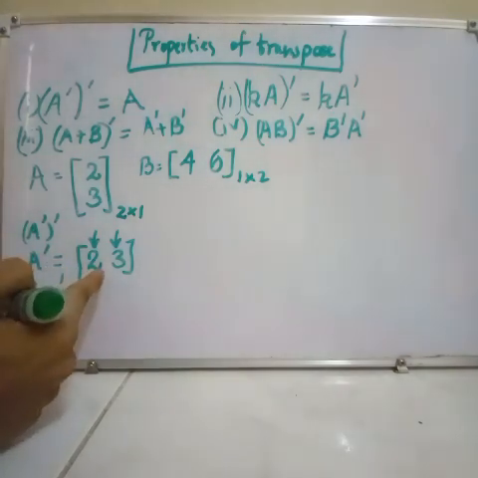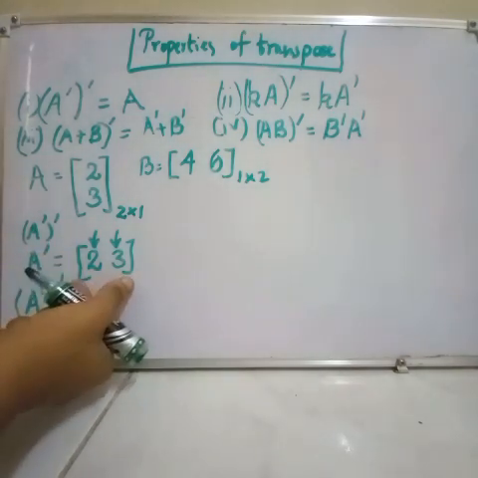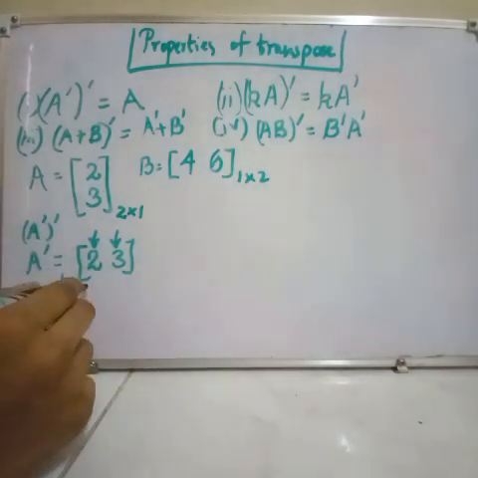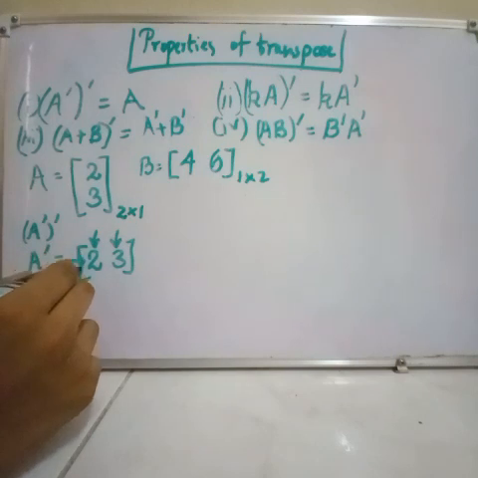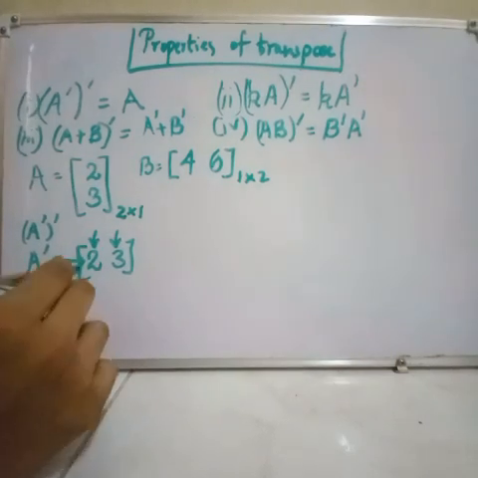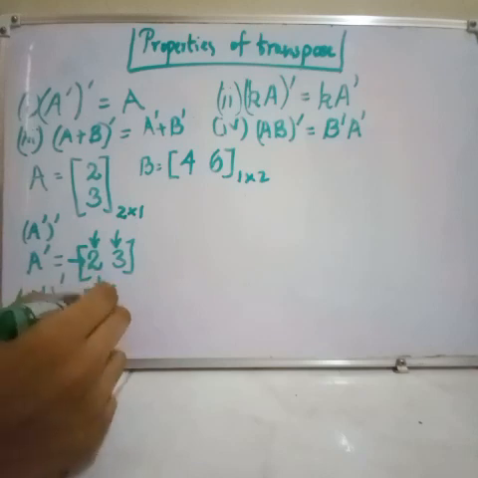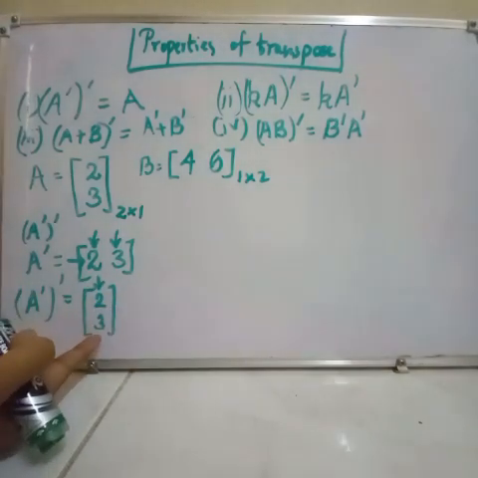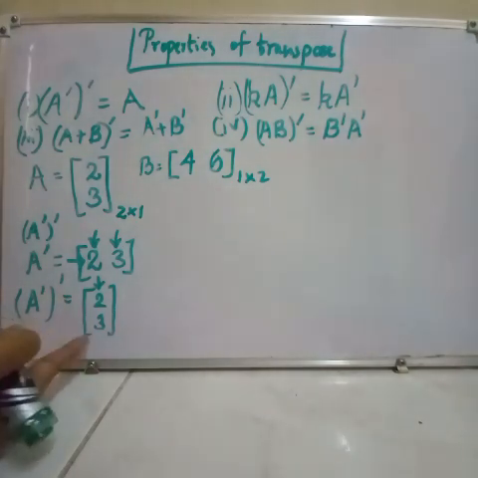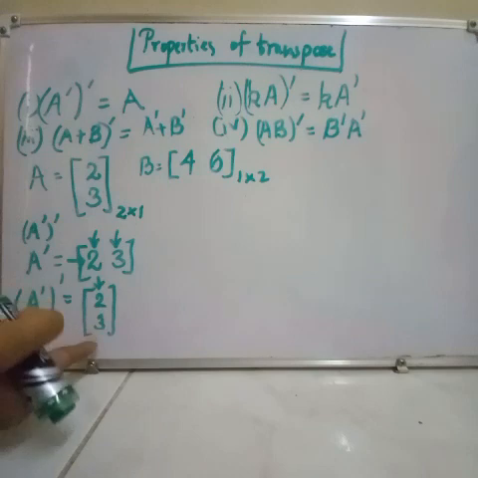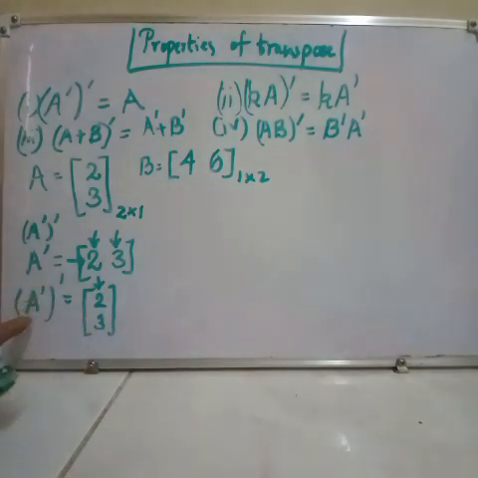That means this matrix which you have found, we have to take the transpose of it again. Now the first row has to be replaced with the first column, 2 and 3. So if you check, this matrix A double dash is actually equal to the A matrix. So A dash, whole dash, will be equal to the A matrix itself.